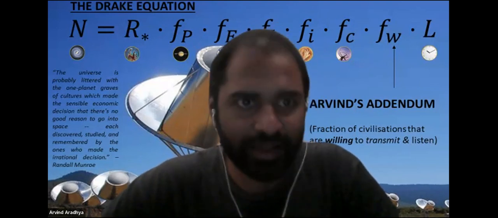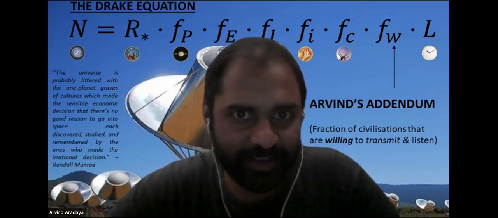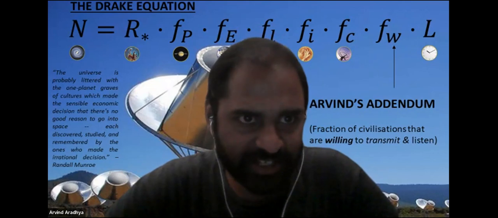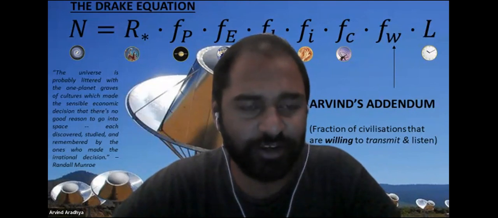Oh, and the thing in the background is the Drake equation, which essentially describes the number of civilizations that we have the chance of contacting.